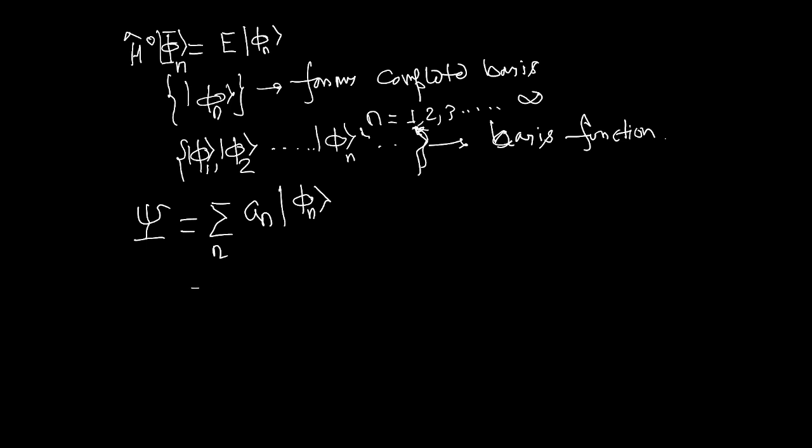For a two-state system, your basis functions are 1 and 2, so you can write it as a linear combination of two states, sum over n equal to 1 to 2 of a n psi n.